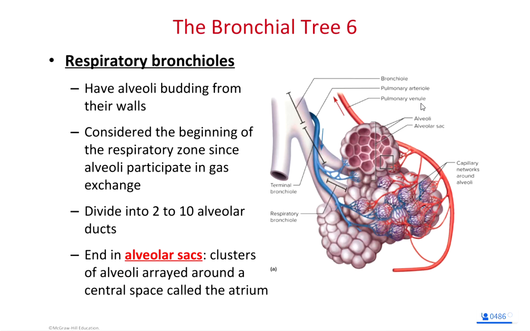One of the things that we note with the respiratory bronchioles is they branch, on the models, and you'll see these models in the lab today, directly into a cluster of alveoli. As we look at these alveoli, a common bad analogy used is a cluster of grapes, and that implies that there's one connection going to each individual alveolus, because if you think of a cluster of grapes, there's one little stem on each grape.